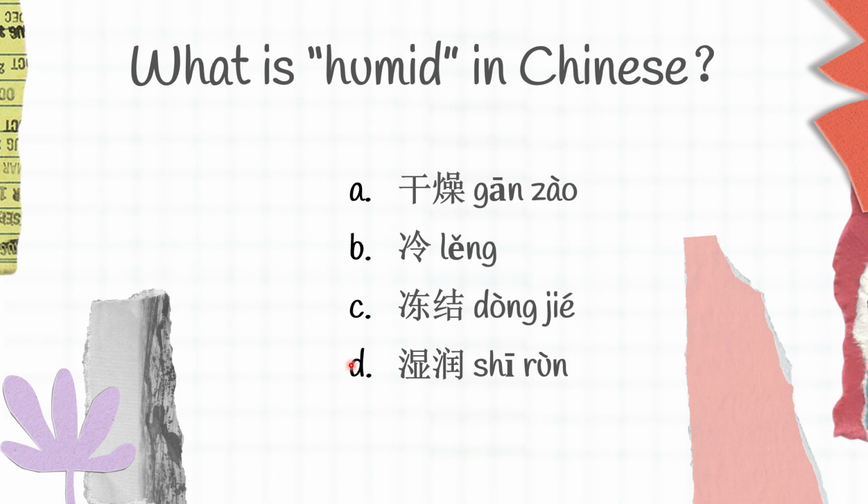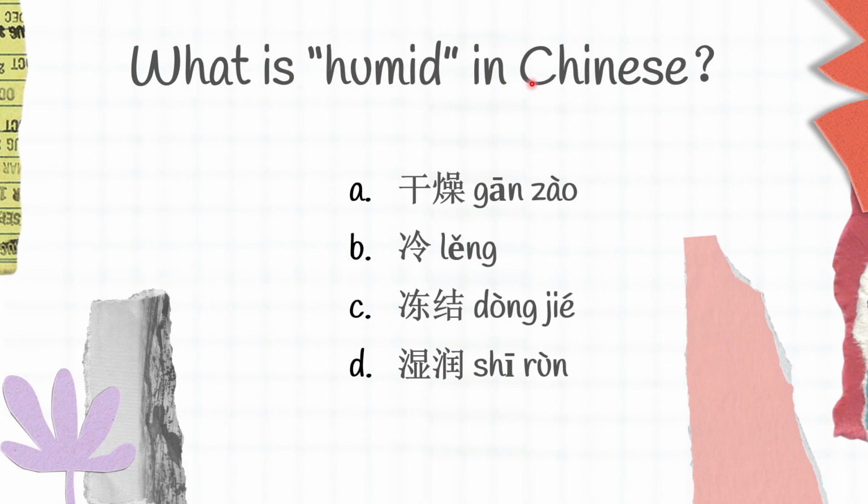So let's try to guess first, guys. 干燥 is dry, 冷 is cold, 冻结 is freeze or to freeze, 湿润 is humid.